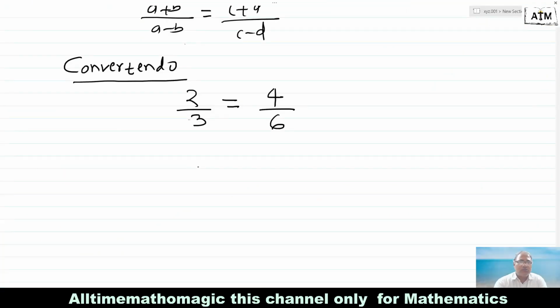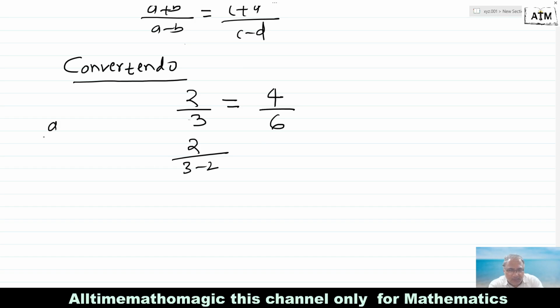The next topic is convertendo. Example: 2 upon 3 equals 4 upon 6. Now, I perform 2 divided by 3 minus 2. Earlier we had subtracted the denominator from the numerator, but here I am subtracting the numerator from the denominator.